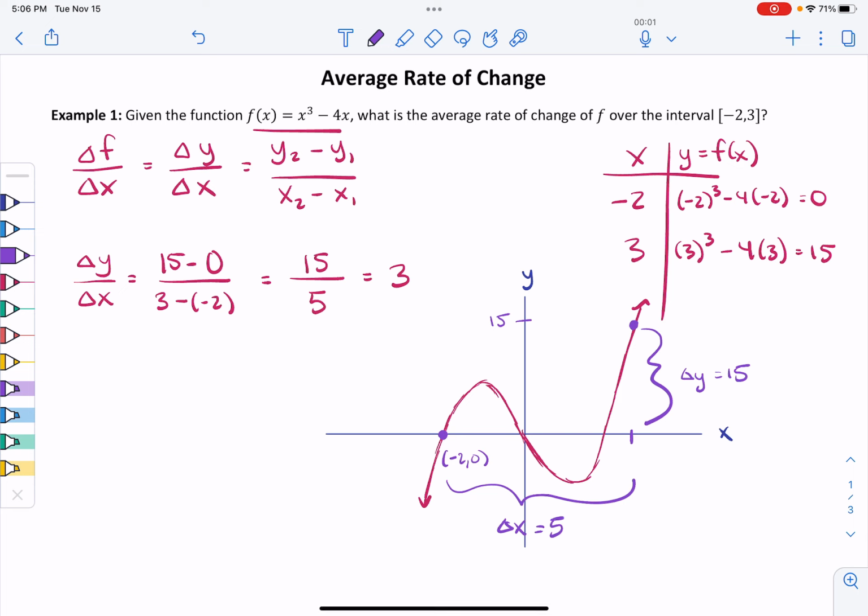So what we're doing is finding the slope of this line right here. This line has a rise of 15 and a run of 5. Rise over run gives me slope. So I have 15 over 5, which gives me 3. And that's my average rate of change of the function over the interval -2 to 3.